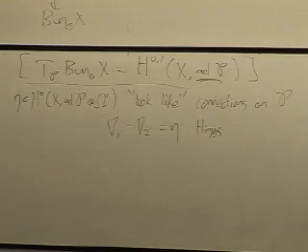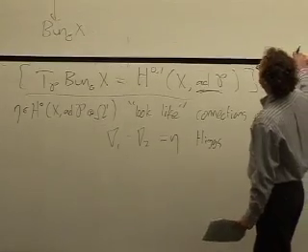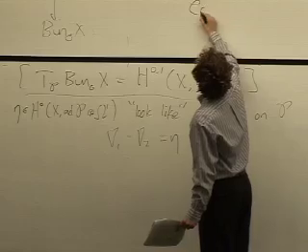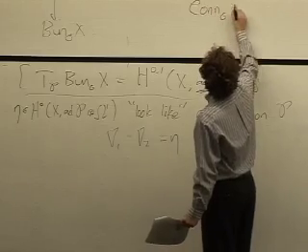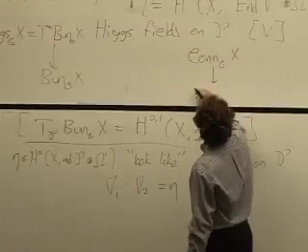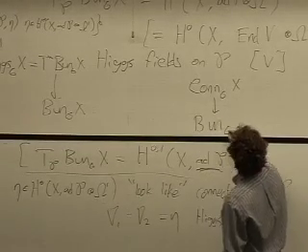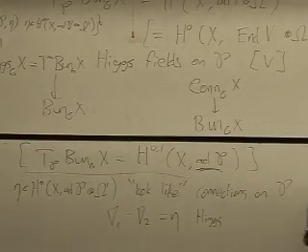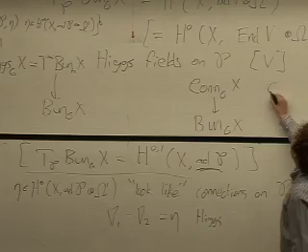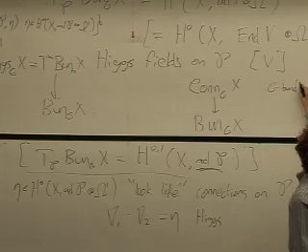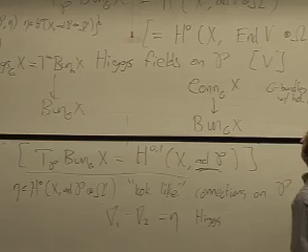So the space of connections is an affine bundle. So this suggests we can look at something else. We can look at the space, which I'll denote Con_G of X, which is the space of G bundles with holomorphic connections. So these are G bundles, and again, everything I'm talking about is holomorphic. So these are holomorphic connections.